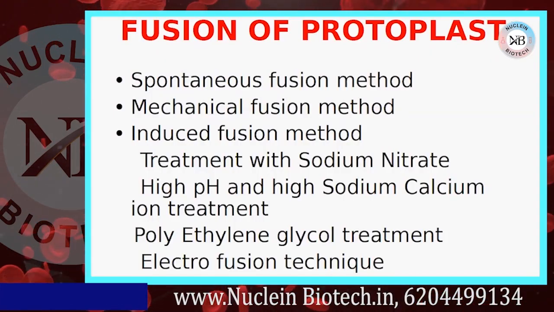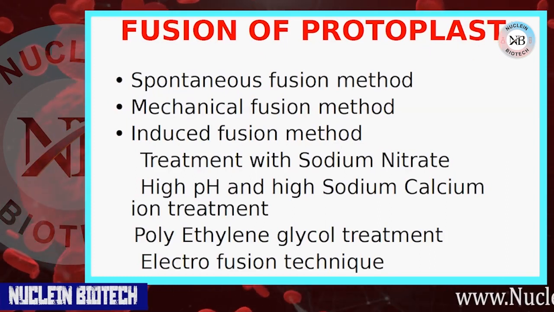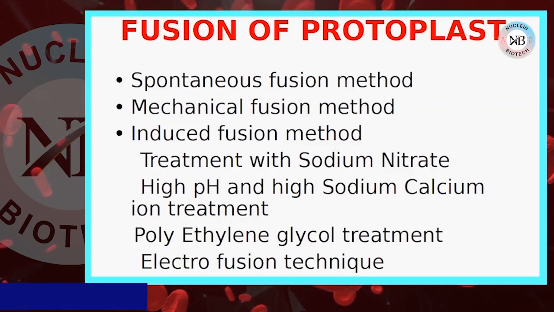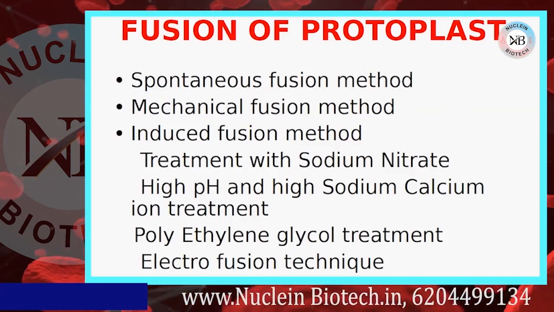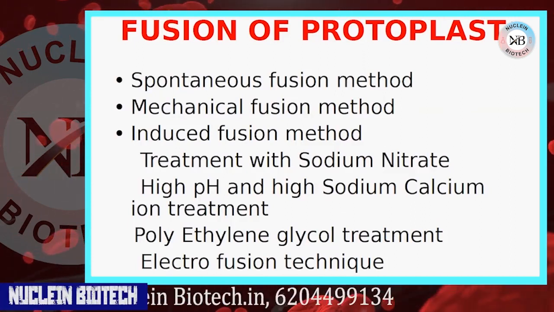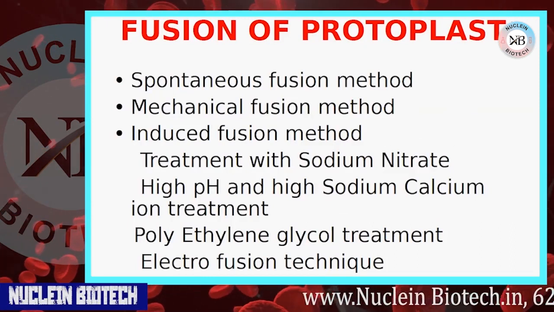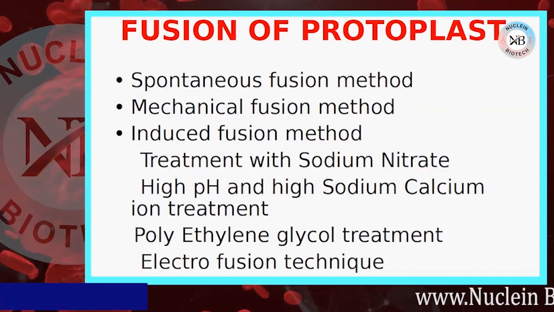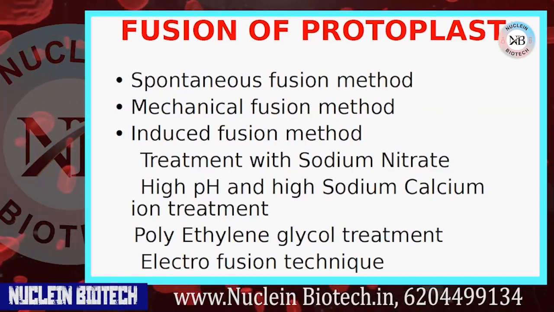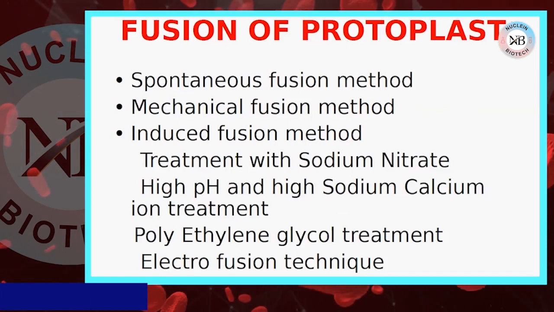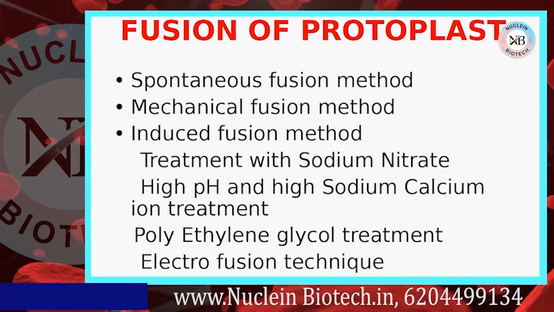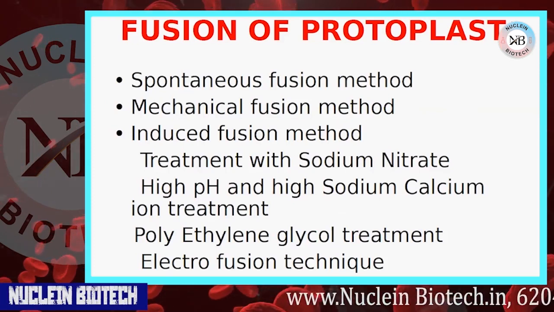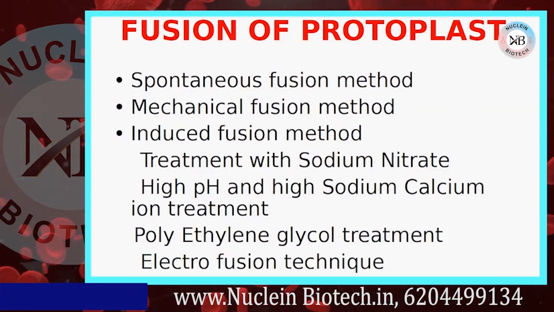First is the spontaneous fusion method. In this method, cell fusion is a natural process as observed in case of egg fertilization. During the course of enzymatic degradation of cell walls, some of the adjoining protoplasts may fuse to form homokaryocytes. These fused cells may sometimes contain a high number of nuclei that may vary from 2 to 40.